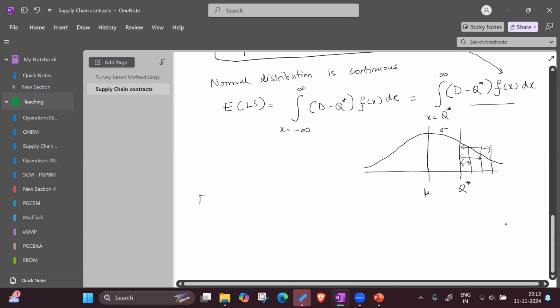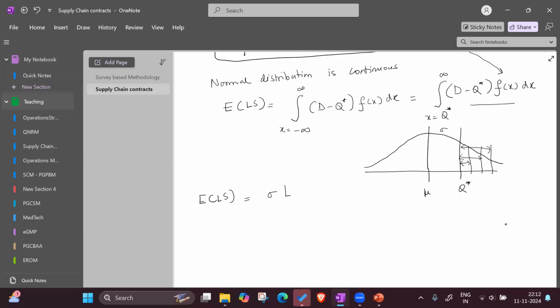So expected loss sale can be calculated with this particular formula, sigma L(z), where L(z) is what we call the loss function, and sigma is, as you already know, the standard deviation.